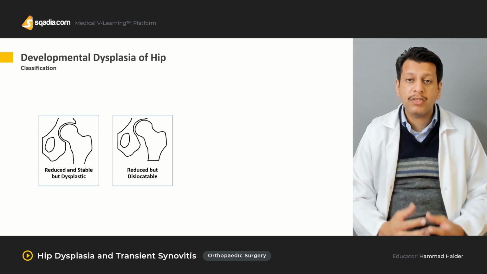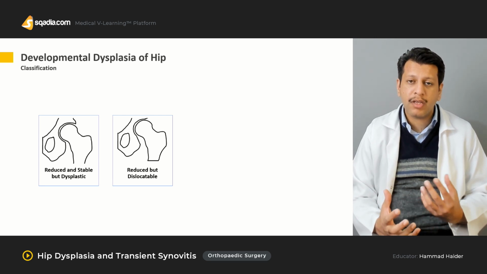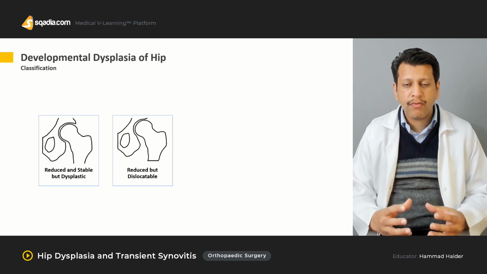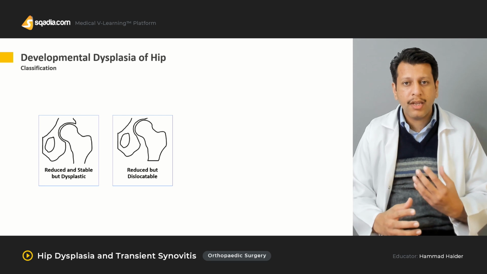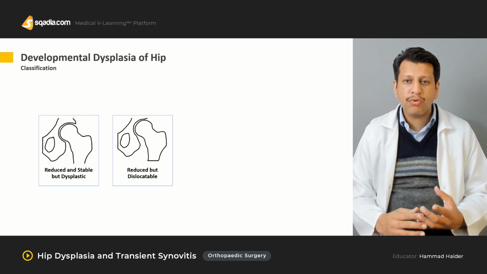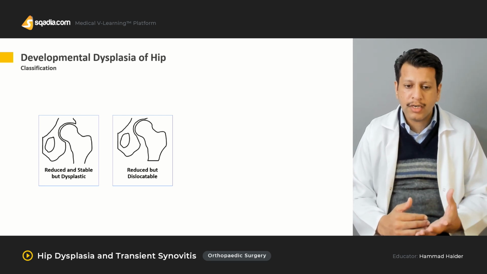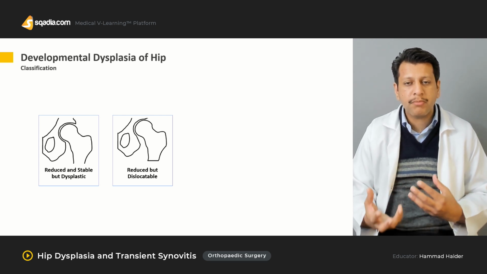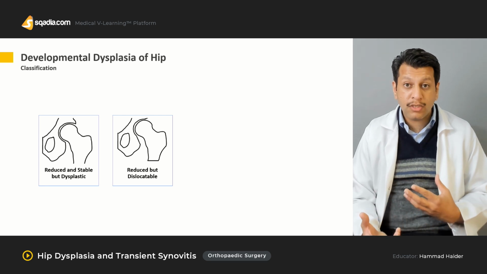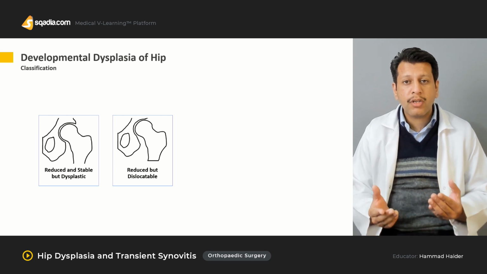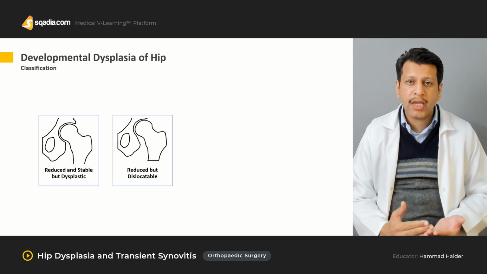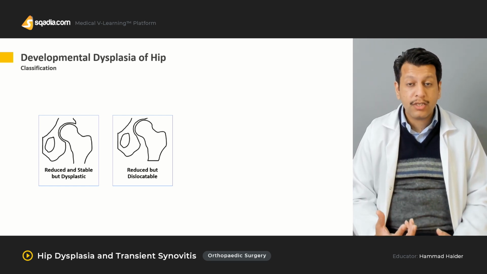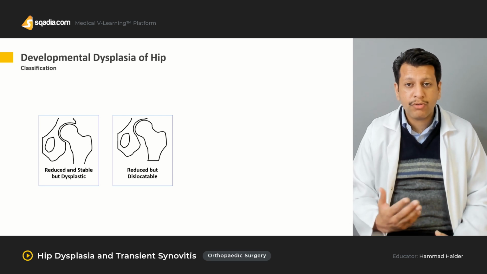For example, when a child is born and there is some form of acetabular dysplasia, usually the ossification of the femoral head is not there, and clinically the only way to look for it is the Barlow and Ortolani tests. When you do the Barlow test, the hip comes out with a clunk, that is, it's dislocatable. But when you do the Ortolani test, it reduces back in. Therefore, it's an unstable hip which can get dislocated, but is also reducible.